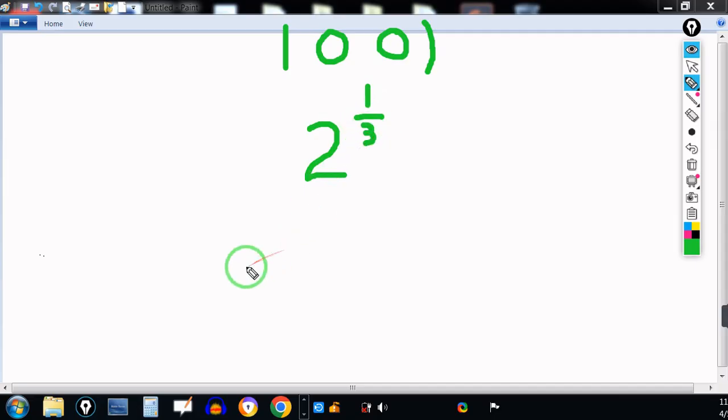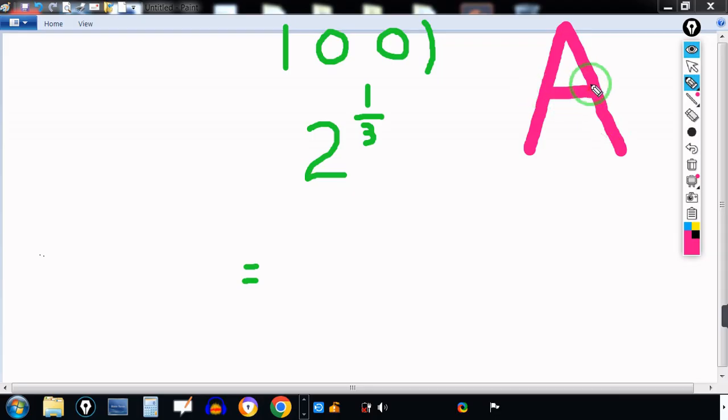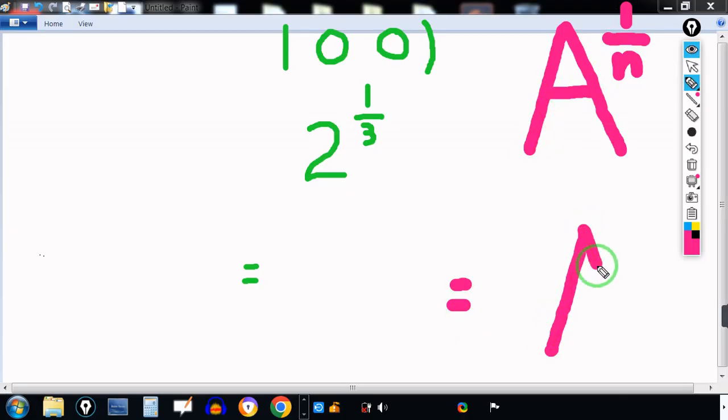If you want to know that one, you must recall this one: A to the power of 1 over n, which is very easy. Write back the A. This is over, the 1 over, so put a roof, I told you, remember that?